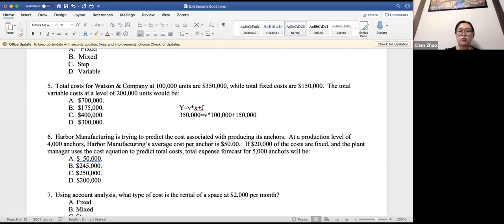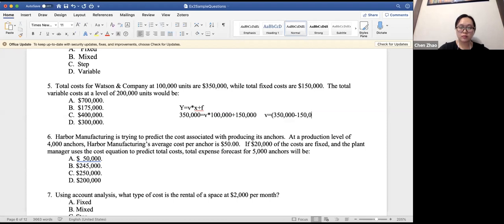And now actually, it goes back to our middle school function solving problem. And then you can solve V will be equal to 350,000 minus 150,000 divided by 100,000, okay? And then our V is 2.5, okay?